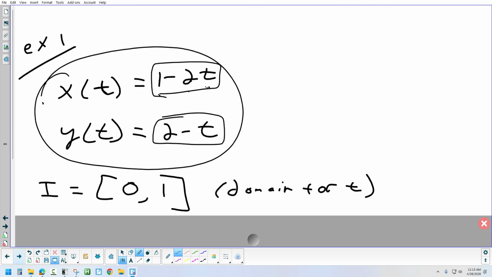Okay, so here's a formula, and it tells me that x equals 1 minus 2t. So this is the formula that's going to generate the x values. y equals 2 minus t. That's the formula that's going to generate the y values. And the only numbers that you're allowed to fill in for t are numbers between 0 and 1.